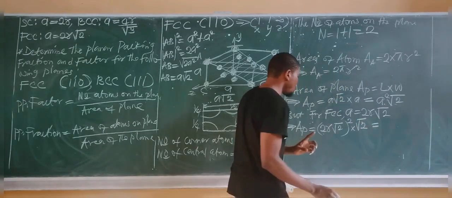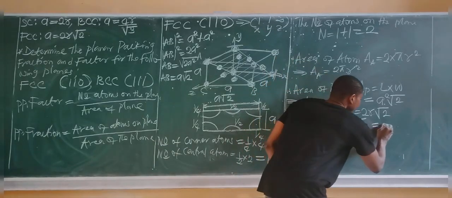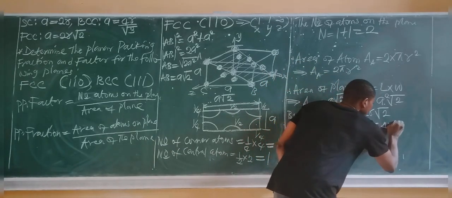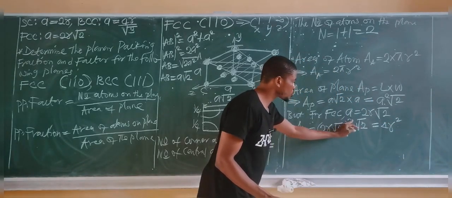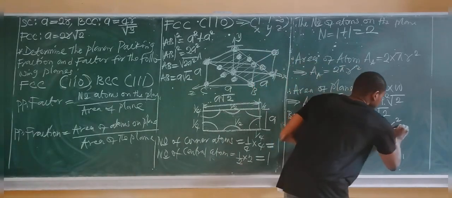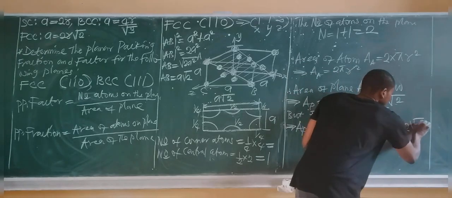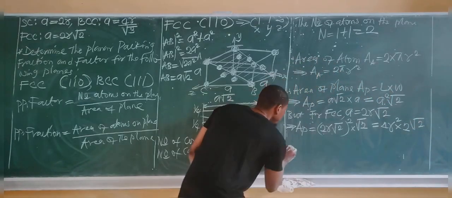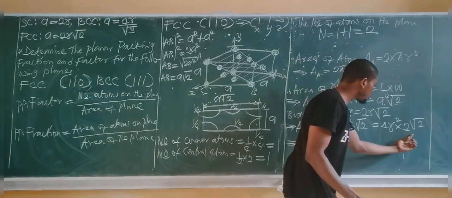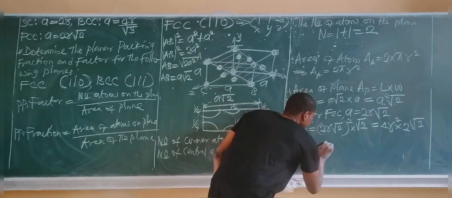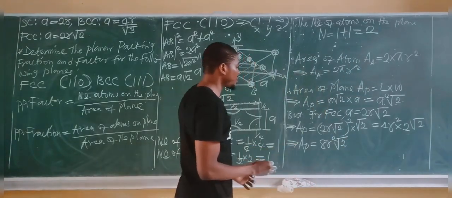This is now equal to 4r all squared, and the square root of 2 squared, where the 2 cancels the square root, gives us times 2, and we append the root 2 over there. So 2 times 4 is 8, and the area of the plane is equal to 8r squared root 2.